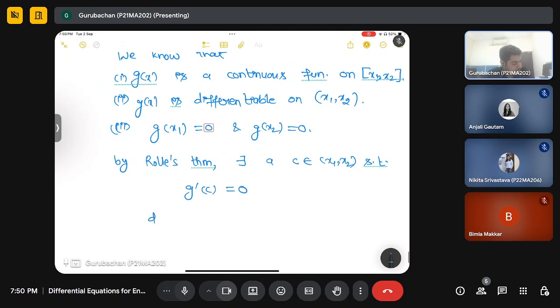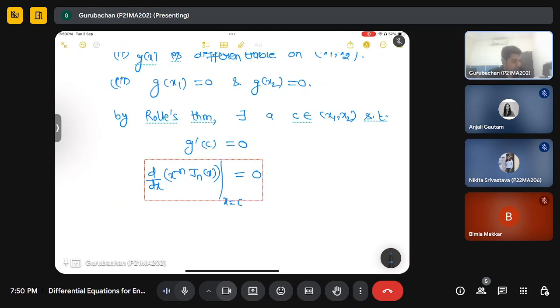So that means d/dx of x to the power minus n J_n(x) at x equal to c should be 0. Now you know that this is nothing but minus x to the power minus n J_(n+1)(x) at x equal to c equal to 0.